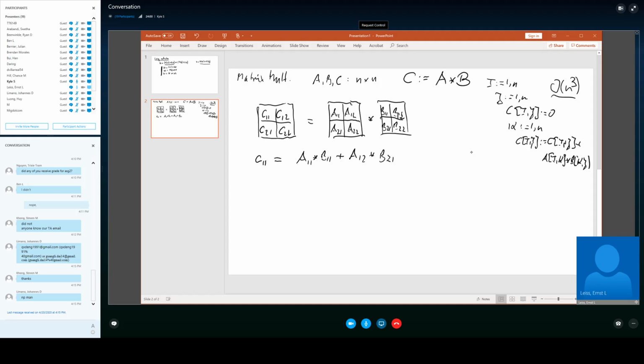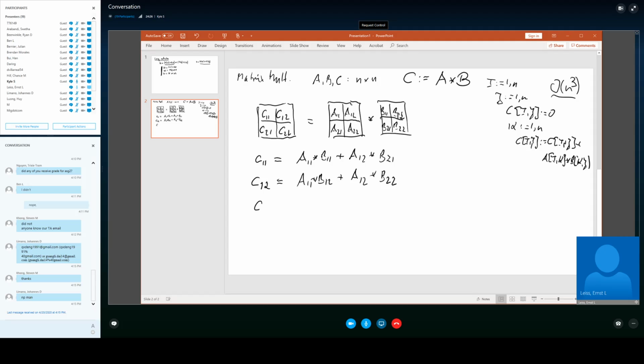And similarly C12 is this row with that column. So we have A11 times B12 plus A12 times B22.